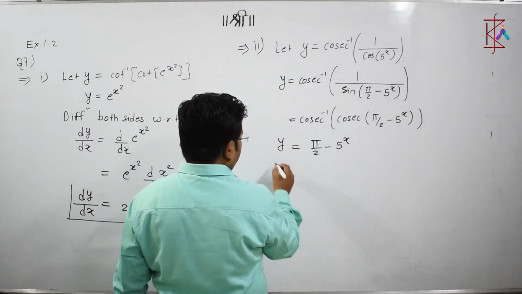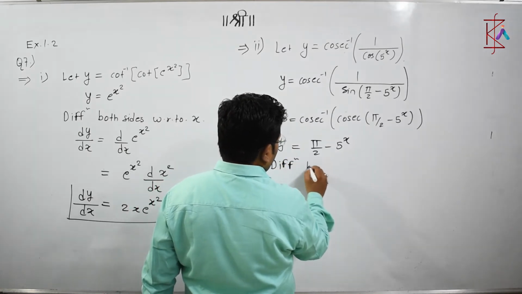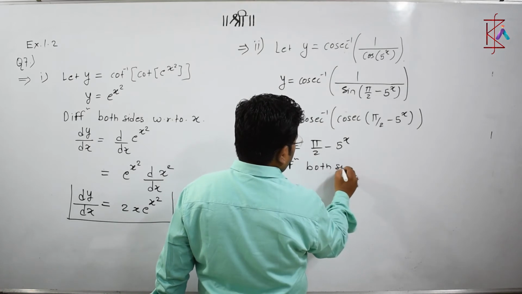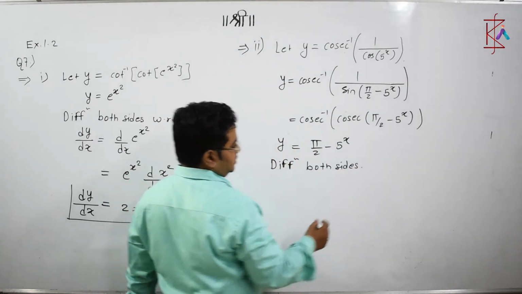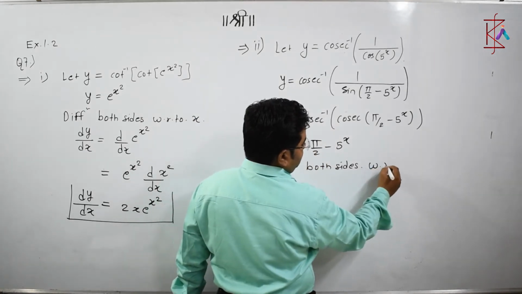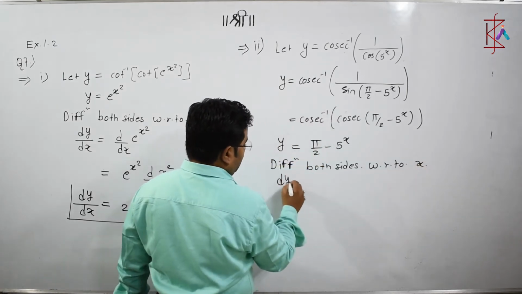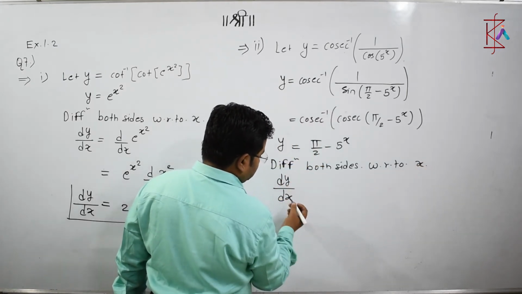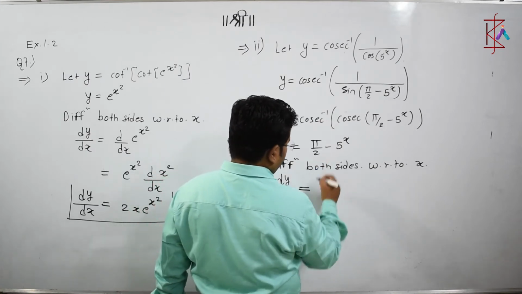Now most importantly, differentiating again, differentiating both sides. Okay, you can see, yes. So differentiating both sides with respect to x, what will happen? Dy upon dx is equal to what should be the differentiation of this?